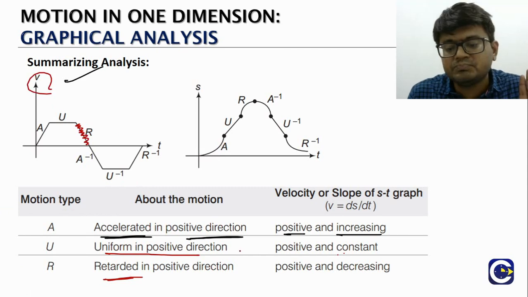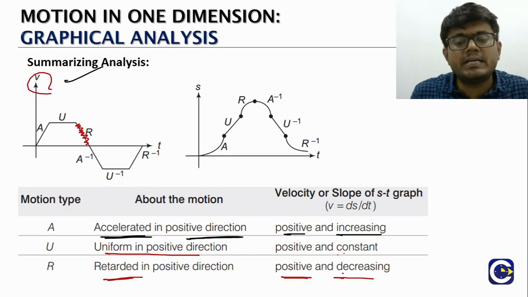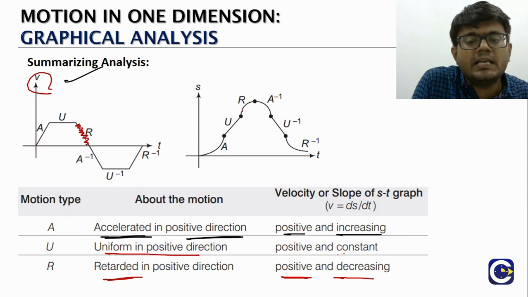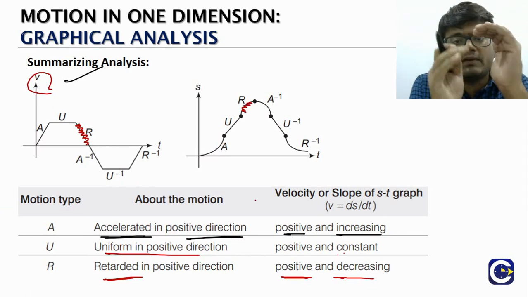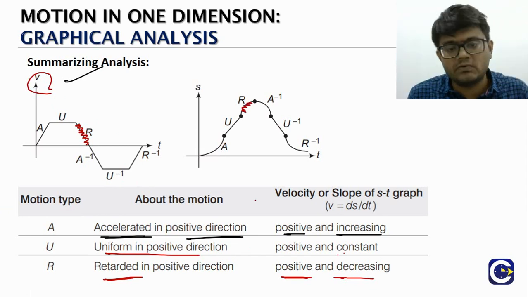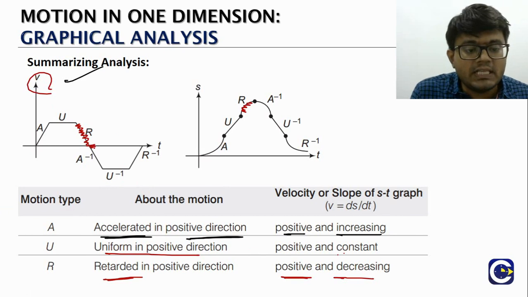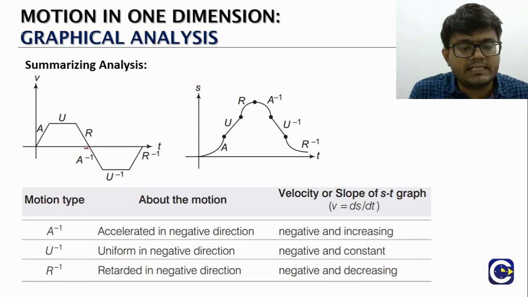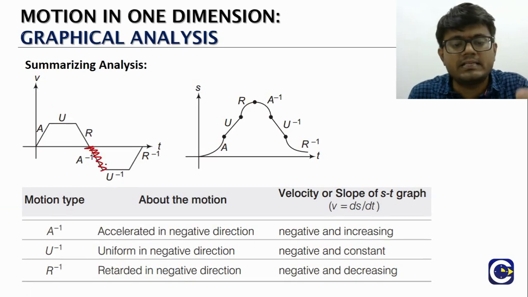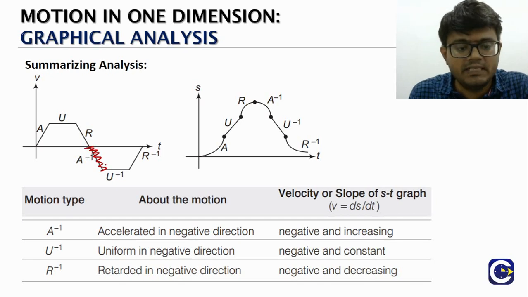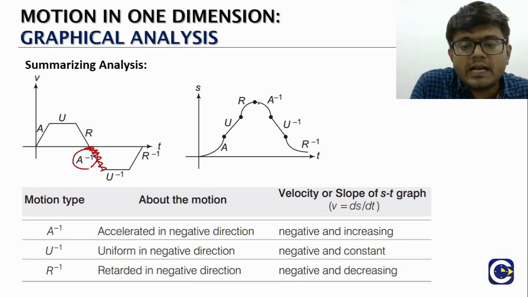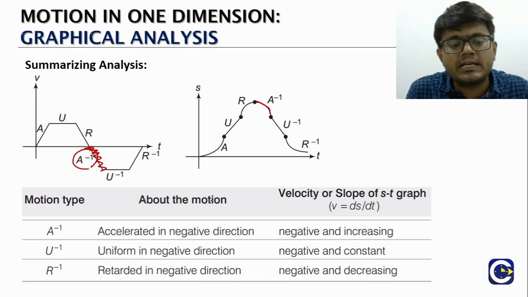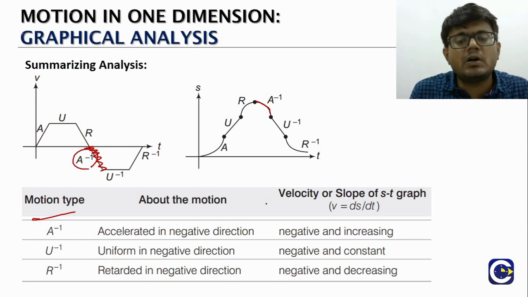We can see the velocity is positive but it is decreasing. You see here on the displacement time graph it will be concave down. When it is retardation it means concave down. This will continue on the other side also. We are calling it inverse, it will be just the inverse. Other side, R inverse. It will be a continuation of retardation.